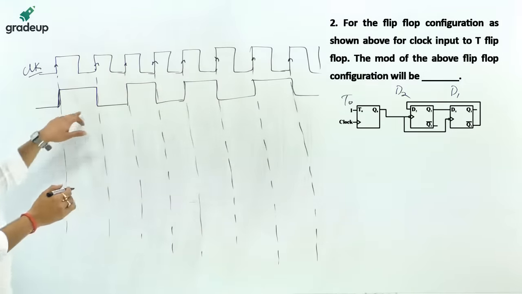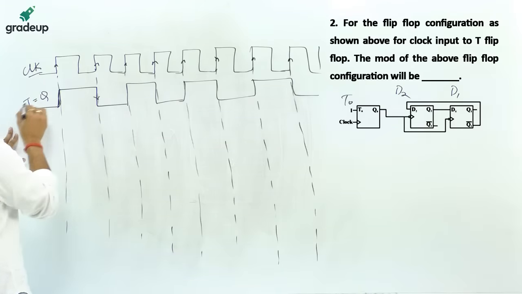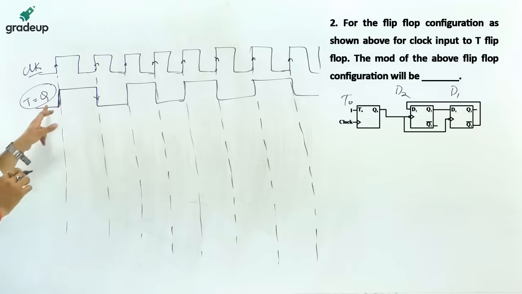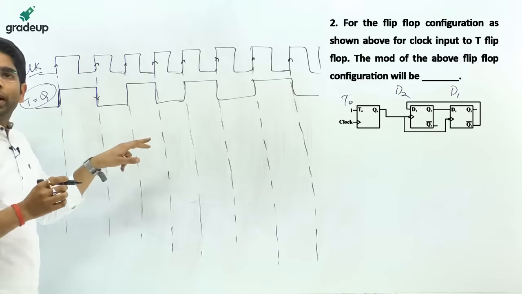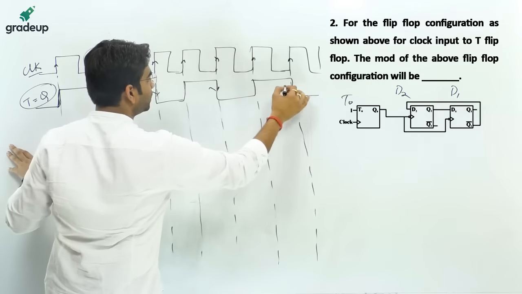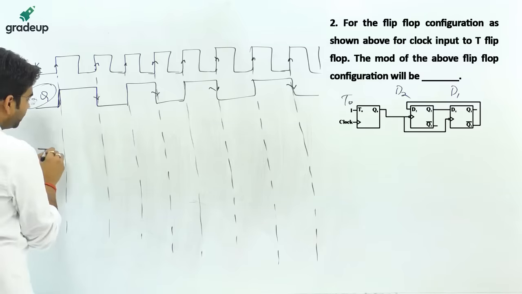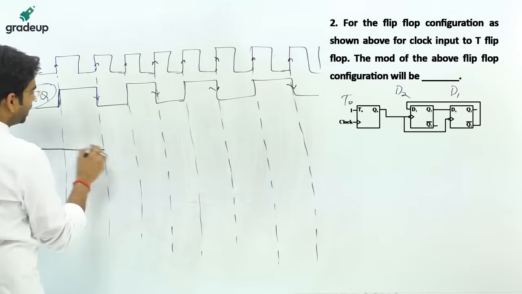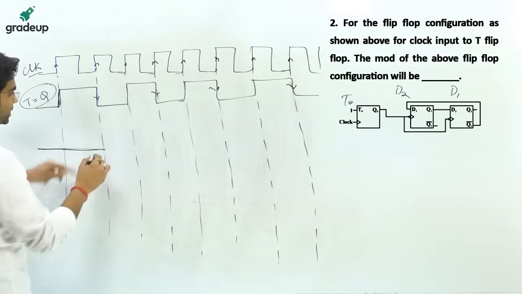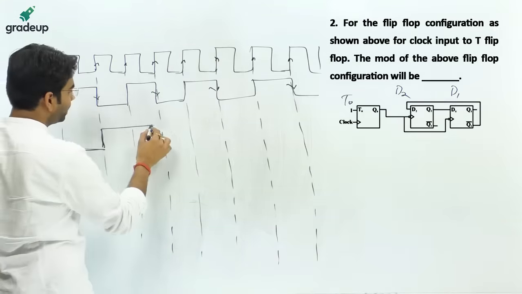Now for this T flip-flop, the output is Q, and this Q is fed as the next clock, and the number of stages is 4. So my friends, when the negative pulse comes here, it will remain as it is.